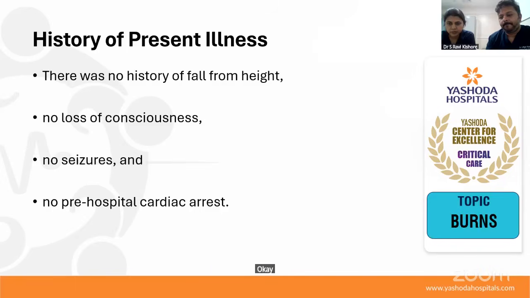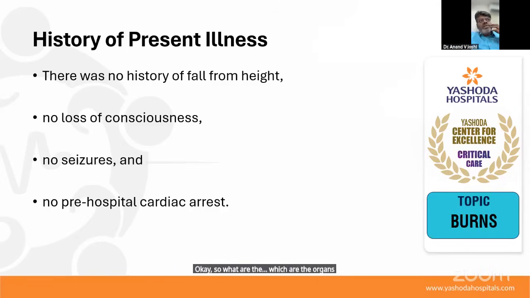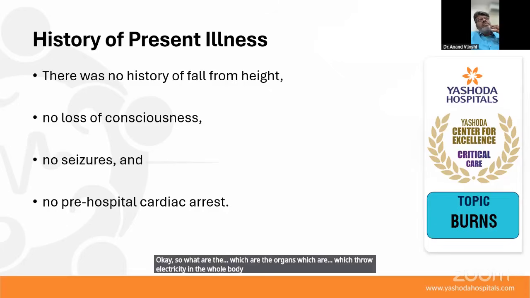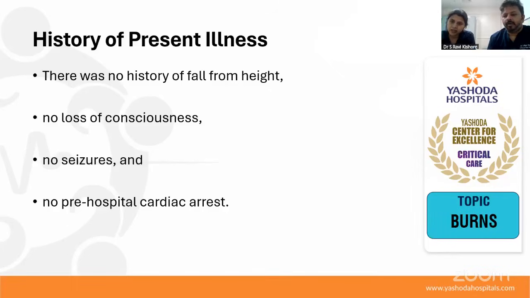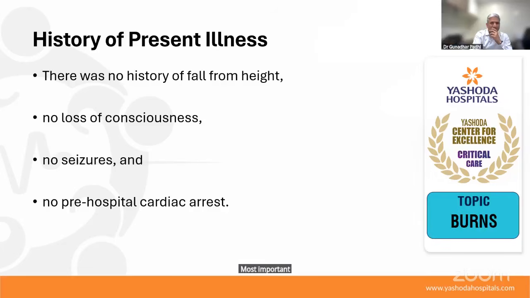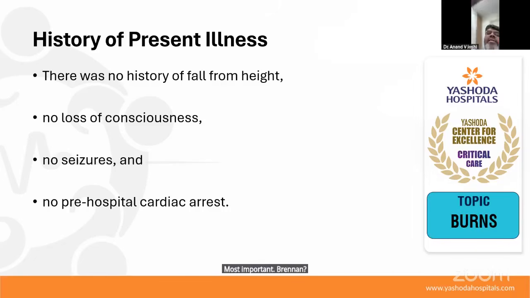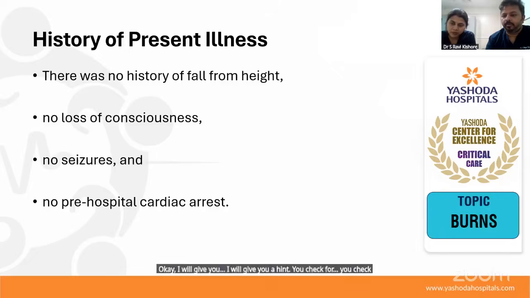So which are the organs which generate electricity in the whole body? Automatic electricity. Brain. Most important, brain. Okay, I will give you a hint. Neurons.